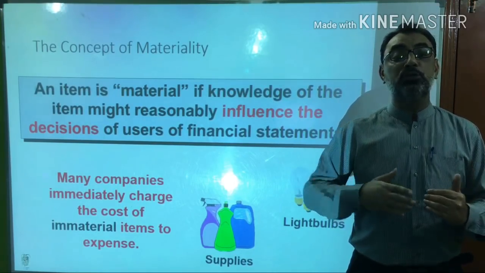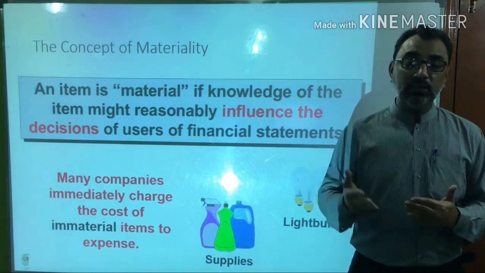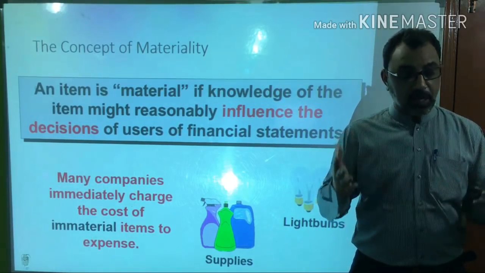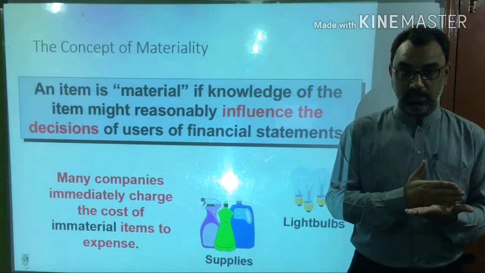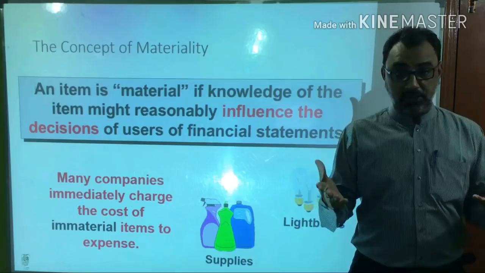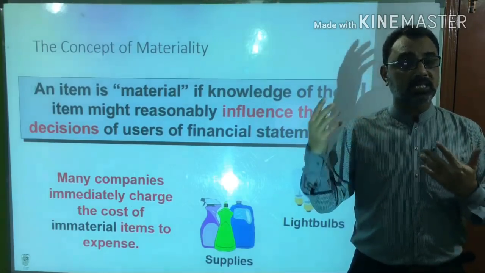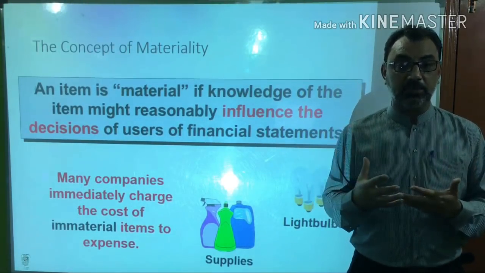That means first you capitalize it, and then you depreciate that plant or machinery over the number of years it will be useful for us. That is depreciation, or sometimes amortization if it is an intangible thing.